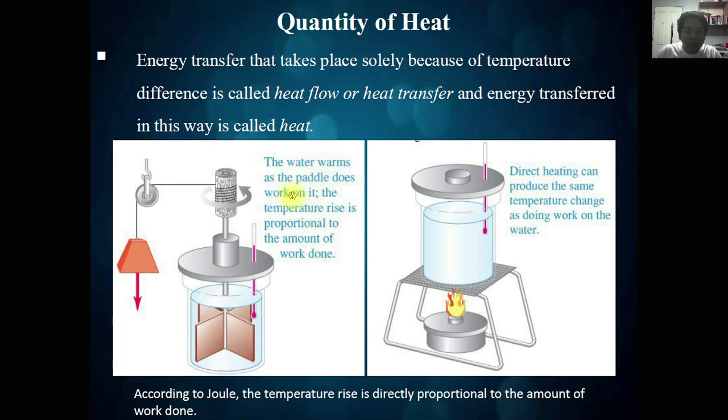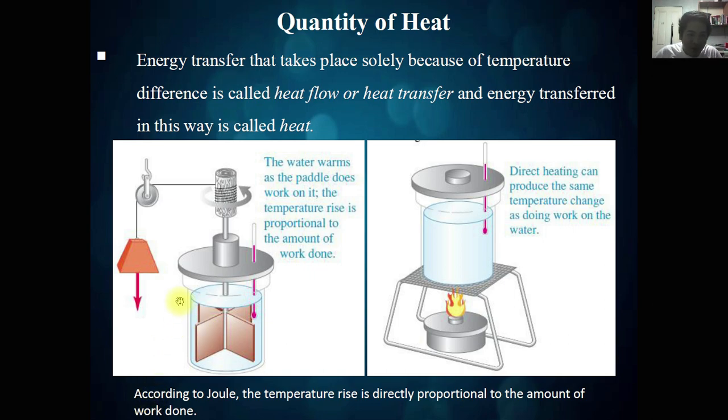So the water warms as the paddle does work on the water. The temperature rise is proportional to the amount of the work done. So it means that more work done on that water means more temperature rise. So it means that the amount of work done is actually proportional to the temperature rise.